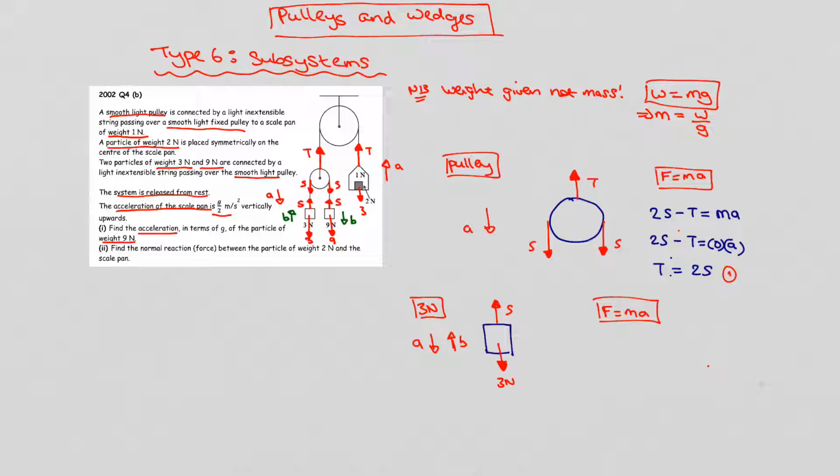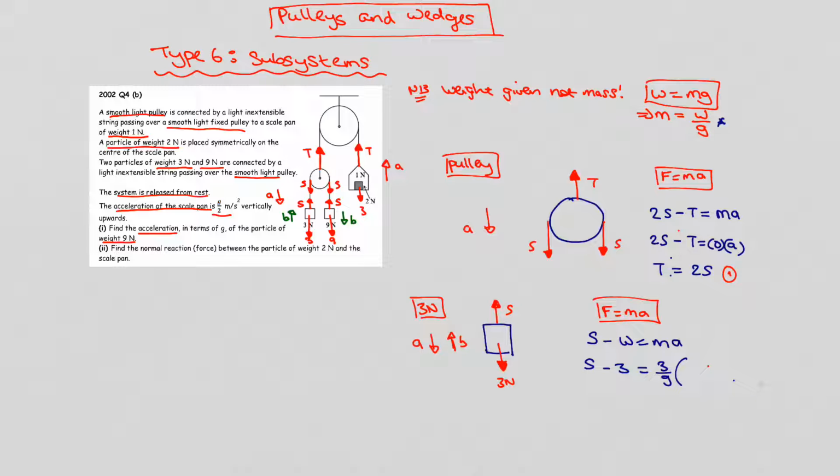Okay, so if I'm saying B is my leading force, then that means that S minus the weight will equal the mass times the acceleration. So the tension minus the weight, which is 3, is equal to the mass. As I said, up here at the top right hand corner, mass is weight over gravity. So the mass is going to be 3 over g times the acceleration.